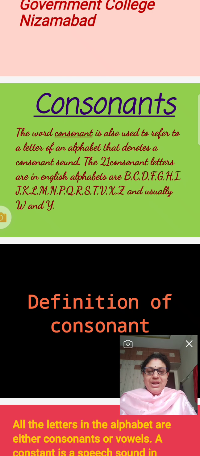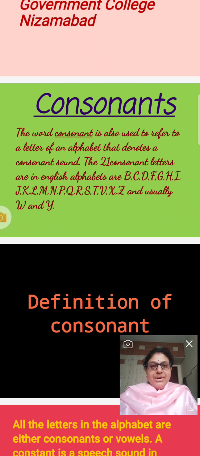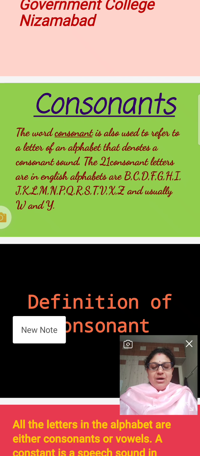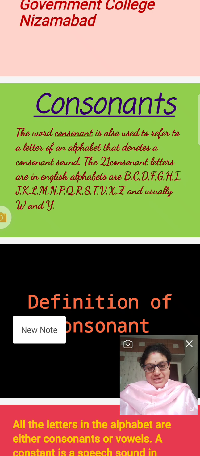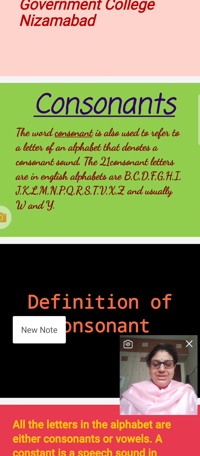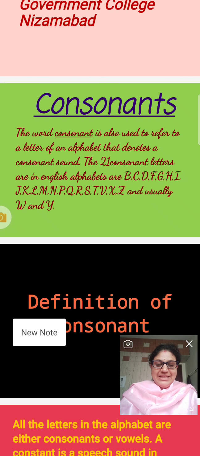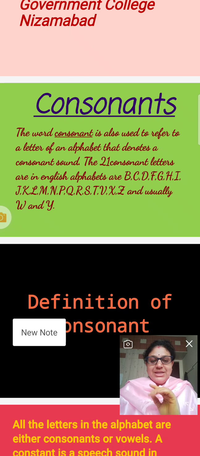When you spell the alphabet you say B, but when you add the letter to a word, like bike, button, balloon, bun, ba, the Telugu ba or the Hindi ba, you have to pronounce it as ba.